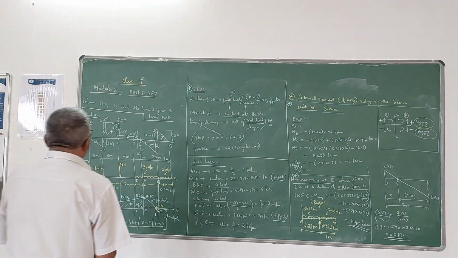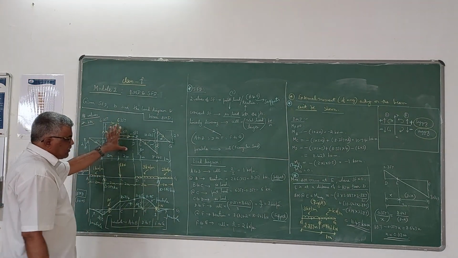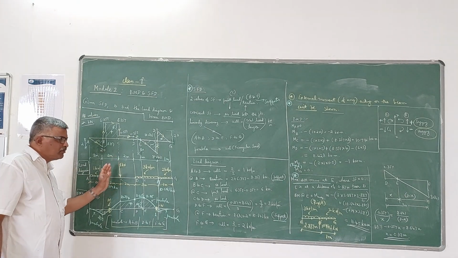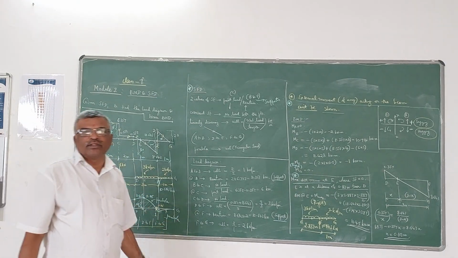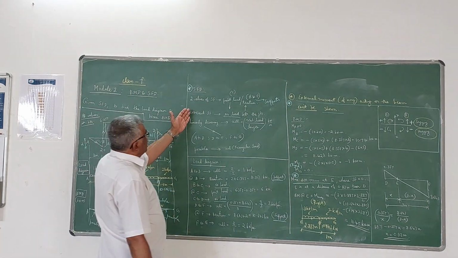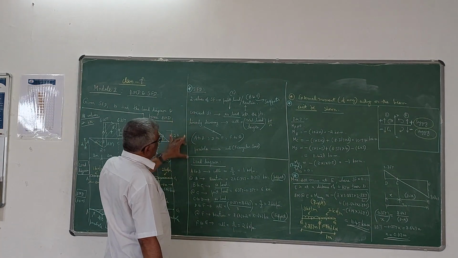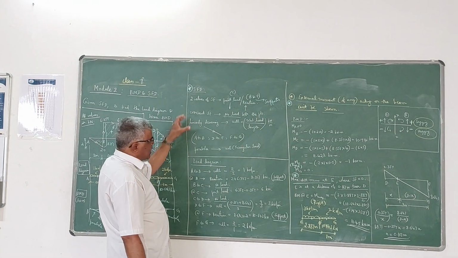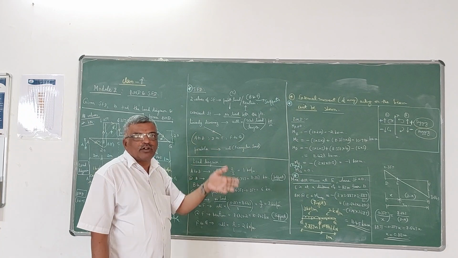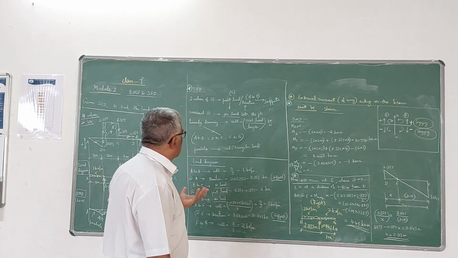So in this problem, the shear force diagram is given. First you have to draw the loading diagram, then from the loading diagram you have to obtain the bending moment diagram as usual. For getting the loading diagram, these are the steps to follow. By seeing the shear force diagram, if there are two values of shear force, there is a possibility of a point load or a reaction or a support.